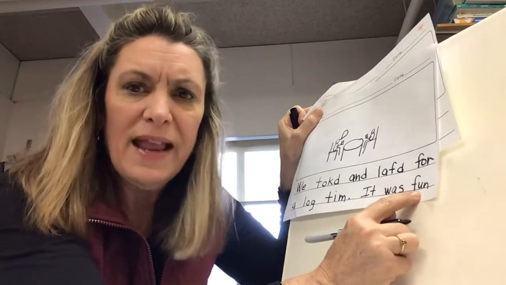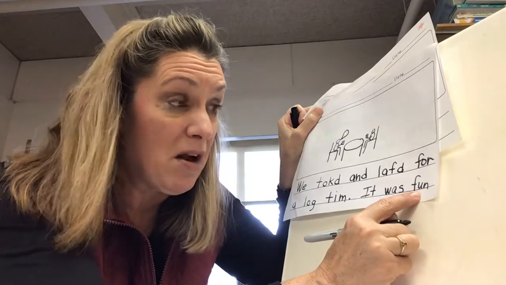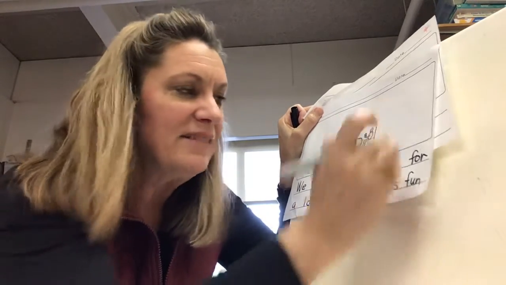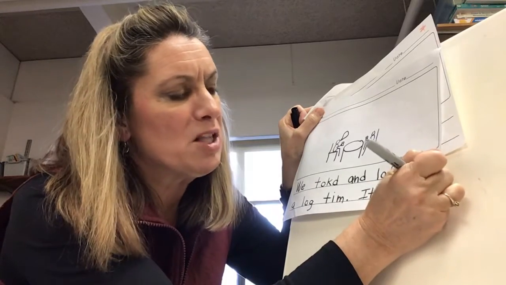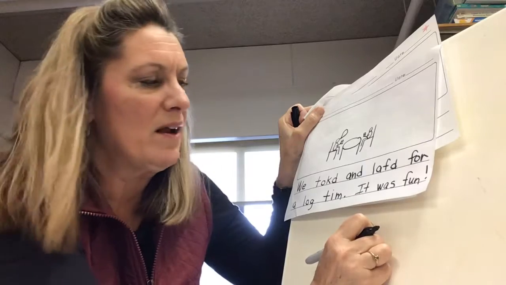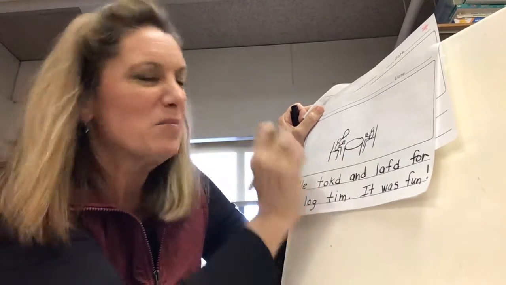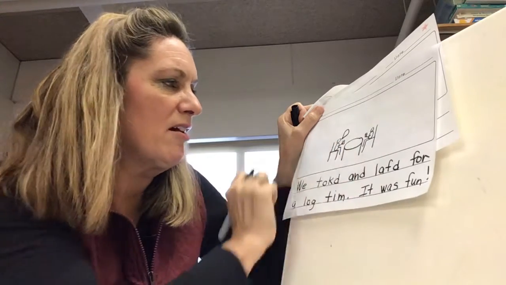It was fun. Hey, I'm excited. Should I put a period or an exclamation mark? Yeah, an exclamation mark. You might hear it called an exclamation point or an exclamation mark, but that's that line to show that we are excited. And so then I have my speech bubble. Maybe I could put some little words in there with a pencil, or I could add our hair.